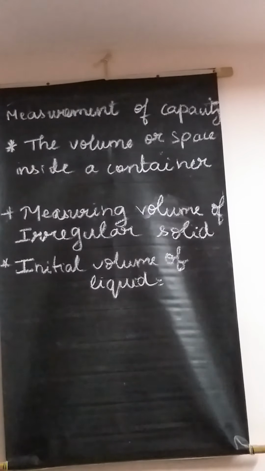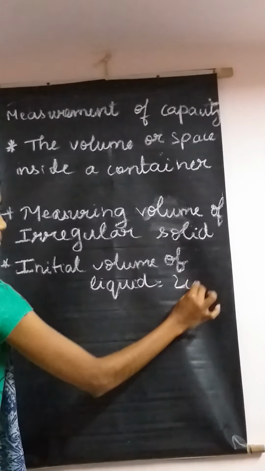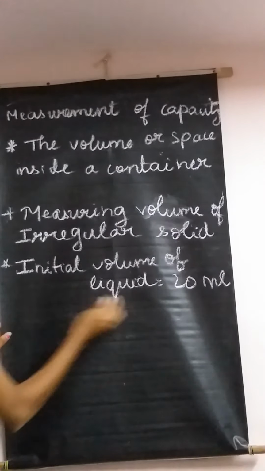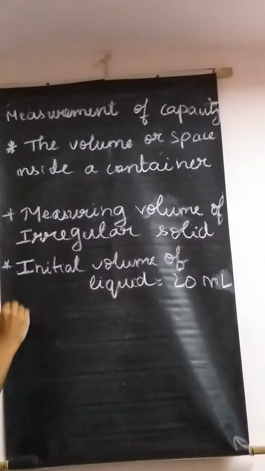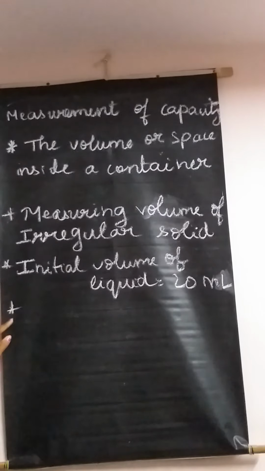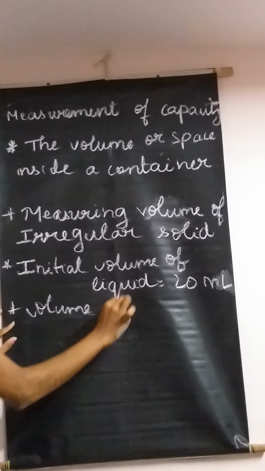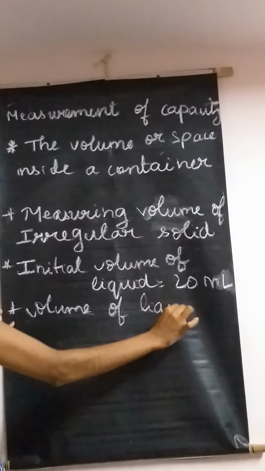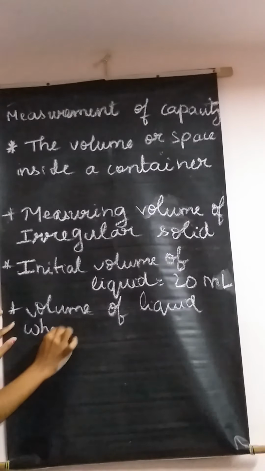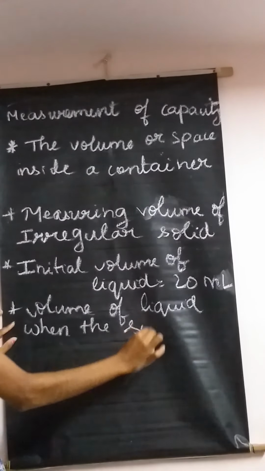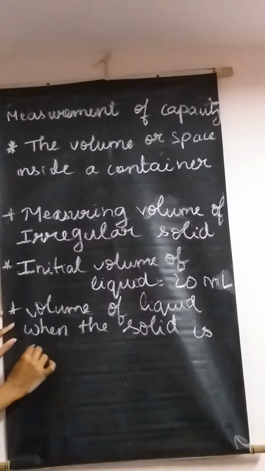So I am going to write 20 milliliter, just capital A. So 20 milliliter. Next, we need to write the volume of liquid when the solid is completely immersed.